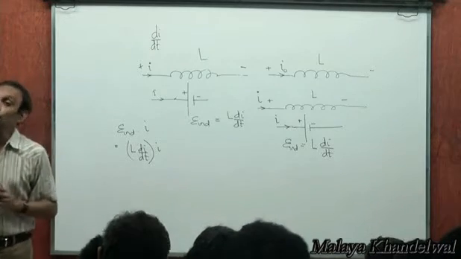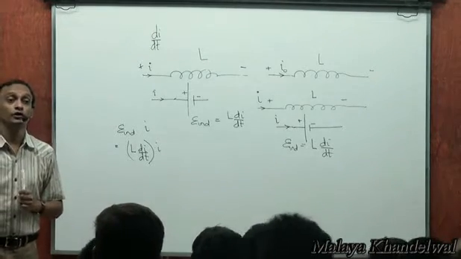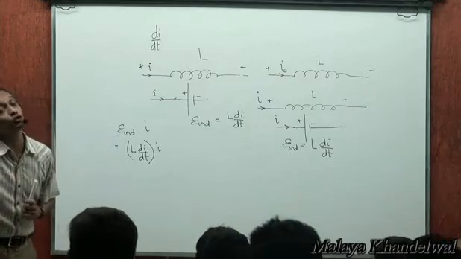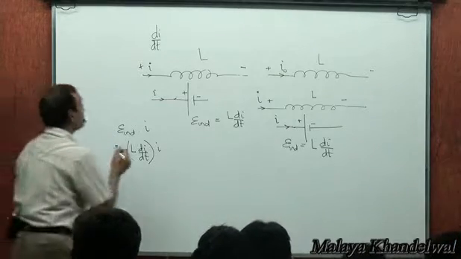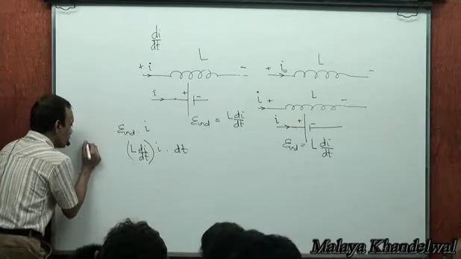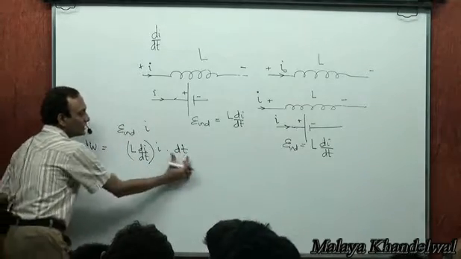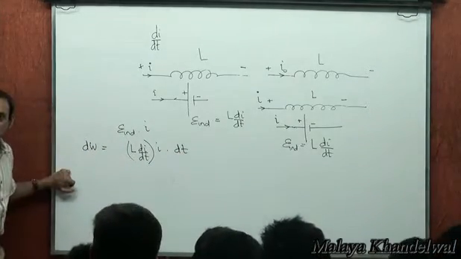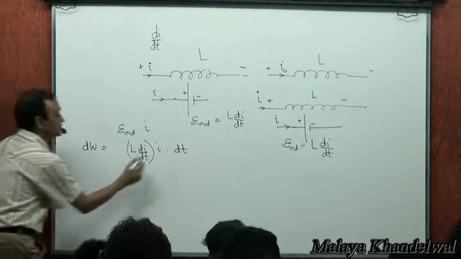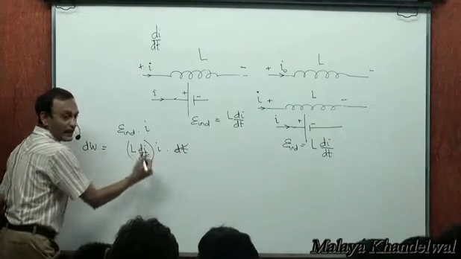The energy required to overcome this opposition would be power into dt. In a small time dt, the energy required would be this into this. This would be the amount of work done in a small amount dt, right? Which is like Li di.